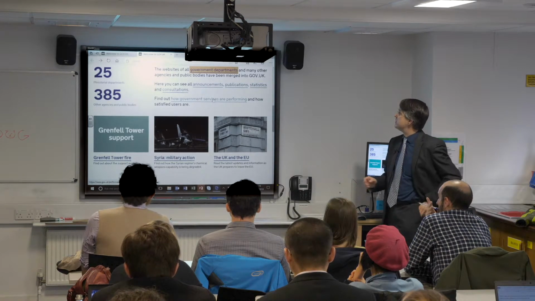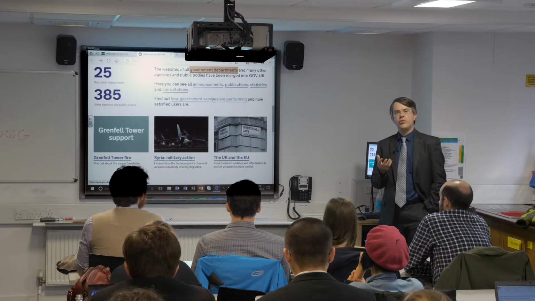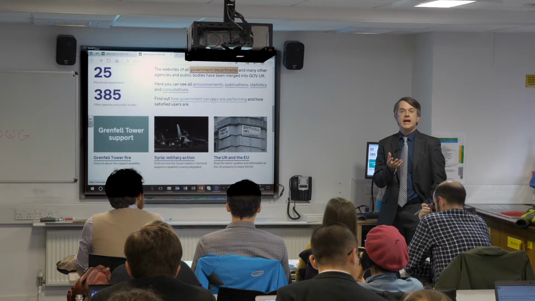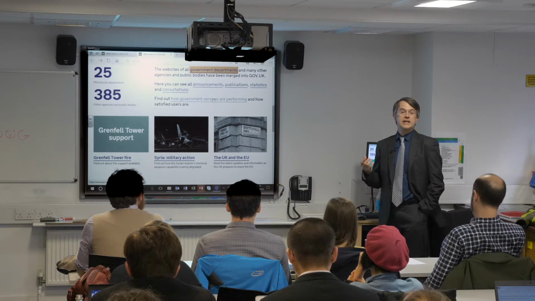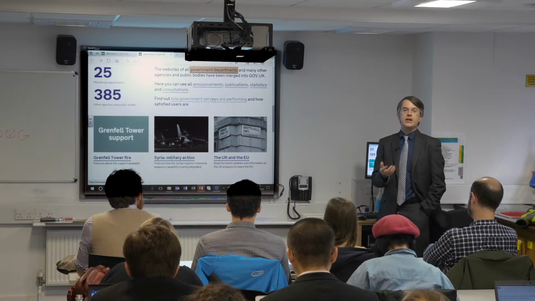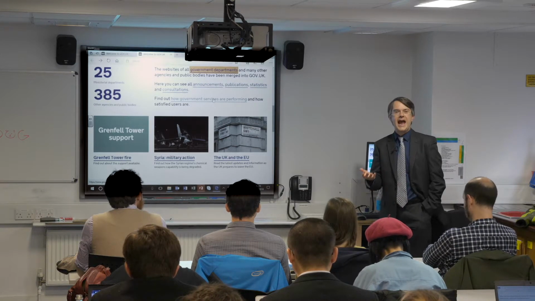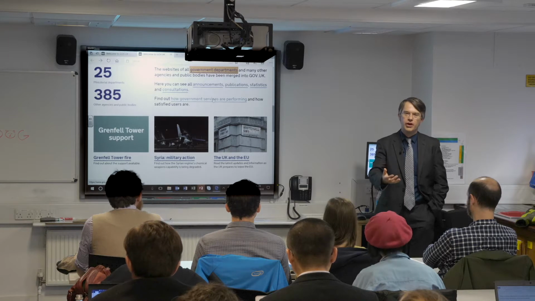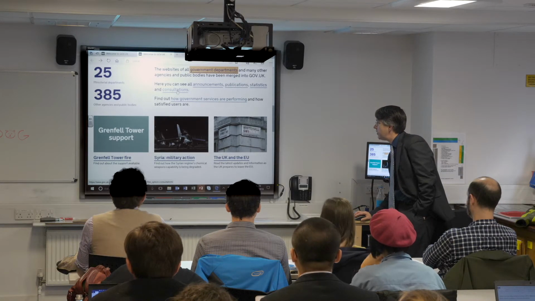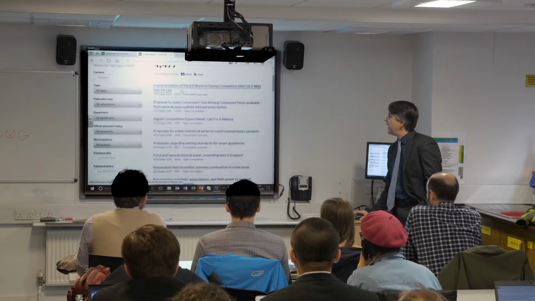But there are other things you can do. So a lot of people engage, at least initially, by looking at a consultation. This is where government is actually trying to solicit information and evidence. And the good thing about that is they've asked for it. They actually want it. They're actually hoping that you're going to engage with them. And indeed, there is a page where all the consultations are.